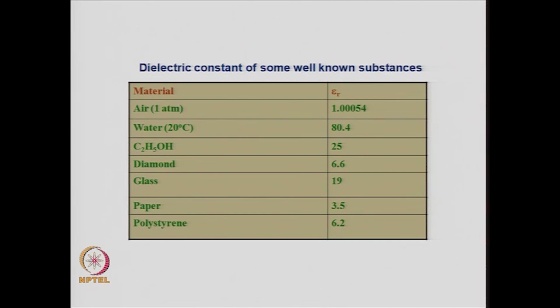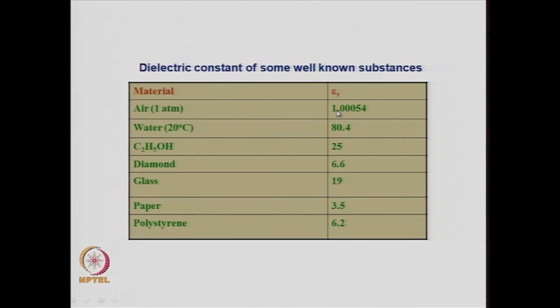As you see, it is the highest in this list. There are other materials, say diamond has a dielectric constant of 6.6, or paper around 3.5. These are low dielectric constant materials, this is a high dielectric constant material, and of course air has a low dielectric constant.